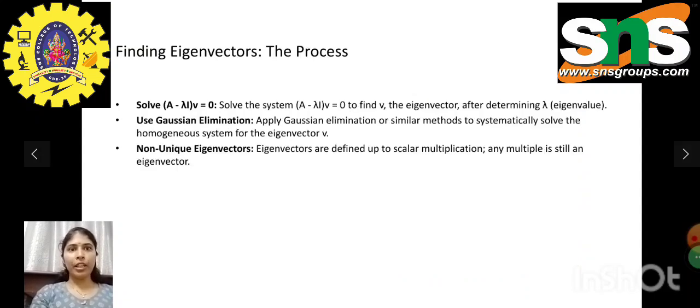Next is finding eigenvectors. After finding the eigenvalue, we are going to apply (A minus lambda I) V equal to 0, one by one. We are going to apply the lambda value, and using the Gauss elimination method or some other equation solving methods, we will find a column matrix, which is called an eigenvector.